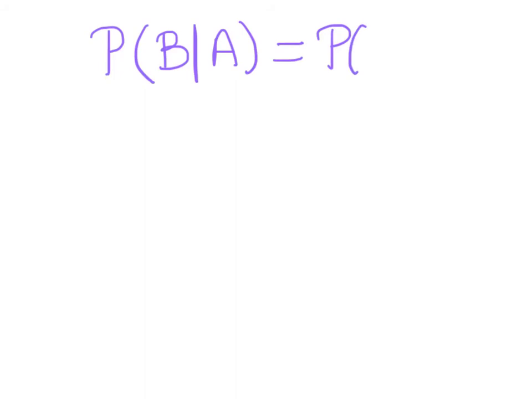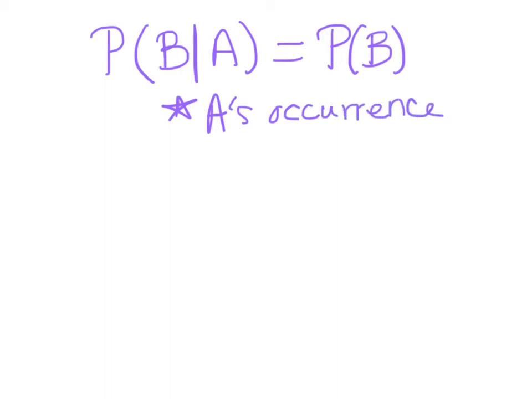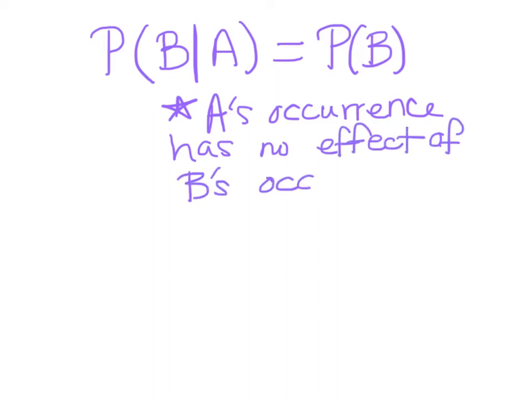In general, in order for events to be independent, the probability of B given A has to be equal to the probability of B. In other words, A's occurrence has no effect on the occurrence of B. And this is why our general multiplication rule becomes more specific for independent events.